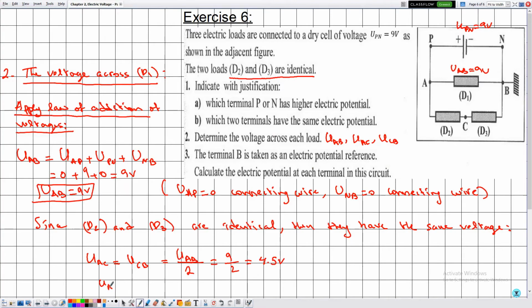Then UAC is equal to 4.5 volts, as well as UCB, and let me label these applied voltages on the electric circuit itself. So here we have that UAC is equal to 4.5 volts and UCB is equal to 4.5 volts. So this is it for number 2.